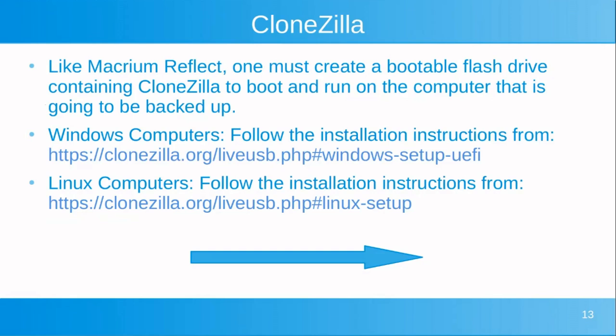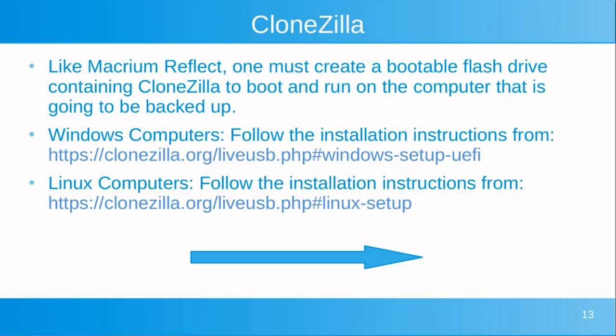So as stated, you've got to create that bootable flash drive to boot and run on the computer. So it has instructions, same website, 2 different locations on how to set up CloneZilla for Windows.